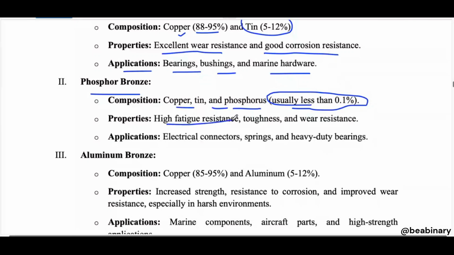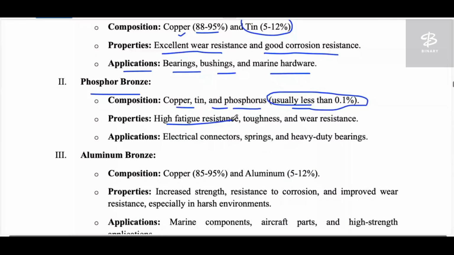Fatigue means gradually changing load. Sometimes you apply a compressive load, then in the next cycle a tensile load. The repetition of alternating force applied on anything is known as fatigue force.